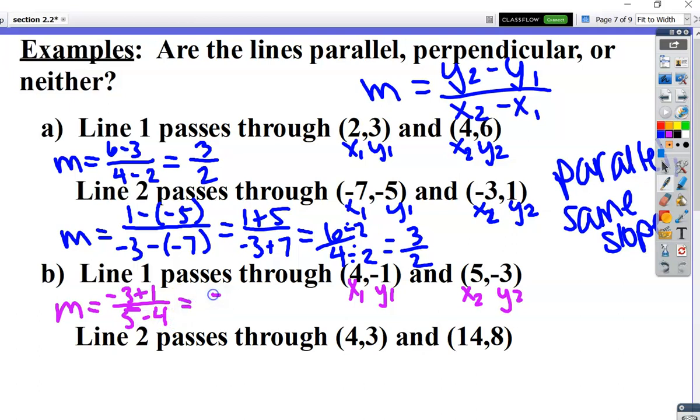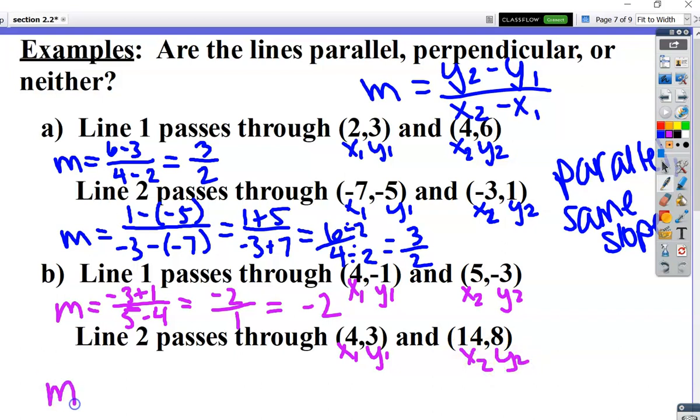Negative 3 plus 1, we get negative 2. 5 minus 4 is 1, so we have a slope of negative 2. And you can leave it for now as negative 2 over 1 if that makes it easier, but it does simplify to negative 2.